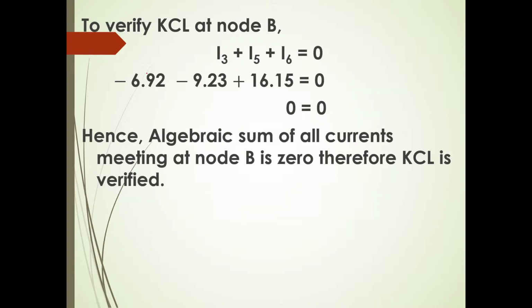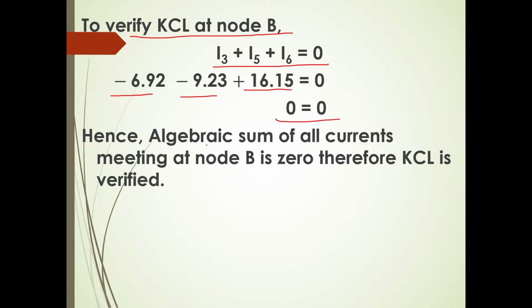Okay, now let us verify KCL at node B, the theoretical proof for node B. So what are all the currents at node B? The algebraic sum of I3 plus I5 plus I6 is equal to 0. What is I3? Minus 6.92. What is I5? Minus 9.23. What is I6? 16.15. So add all the currents. What do you get? 0.